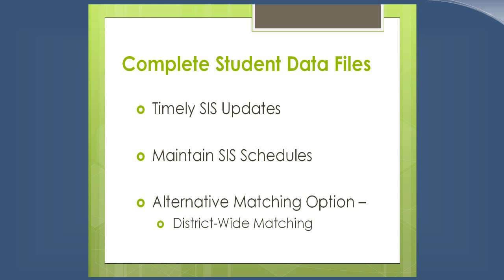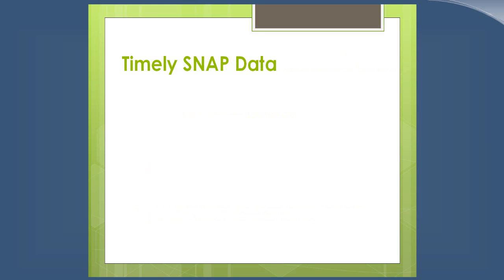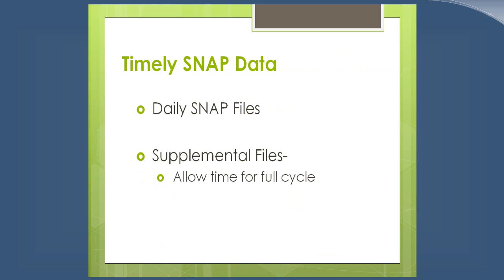The other aspect to that, of course, if we're looking at a complete universe of students, is that we want to also make sure that our SNAP data is going to be as current as possible. The best way to ensure this is to ensure that our SNAP files are being received daily. This, of course, is going to be dependent upon the system that your SNAP agency has.